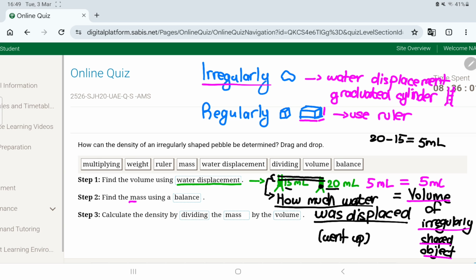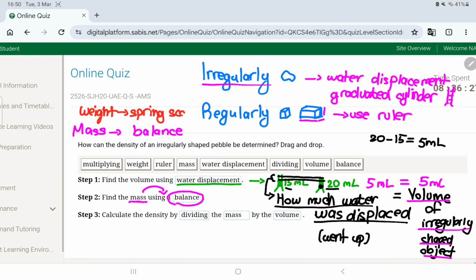Now, how do you find the mass? Obviously, you find the mass using a balance. And just as extra, if you were interested, for the weight, you use a spring scale.